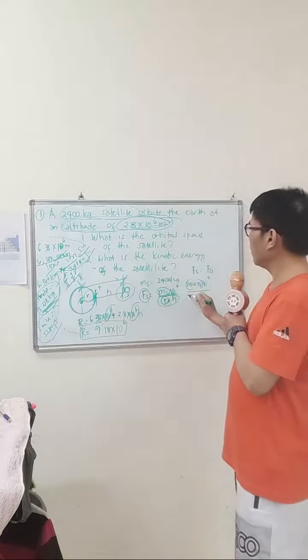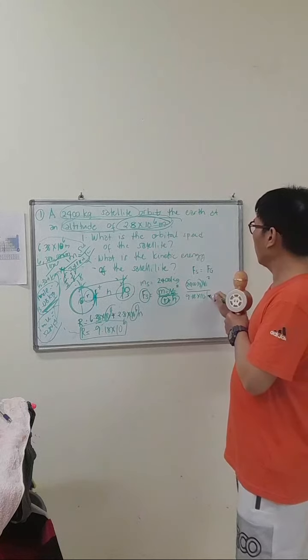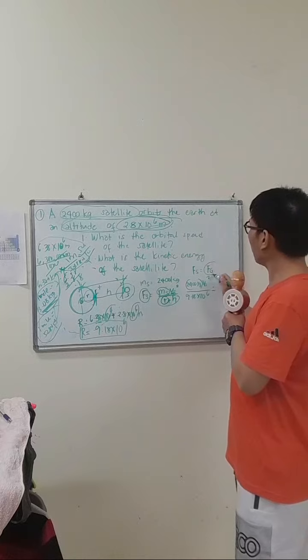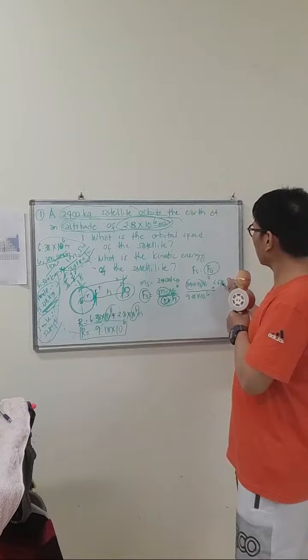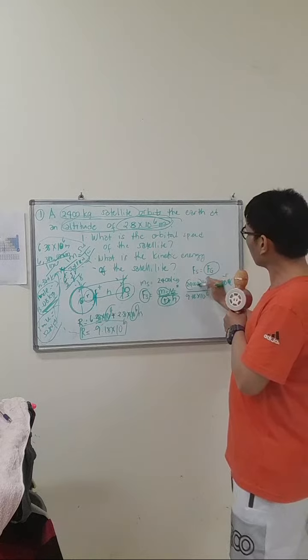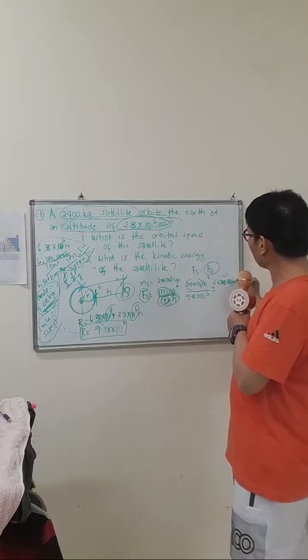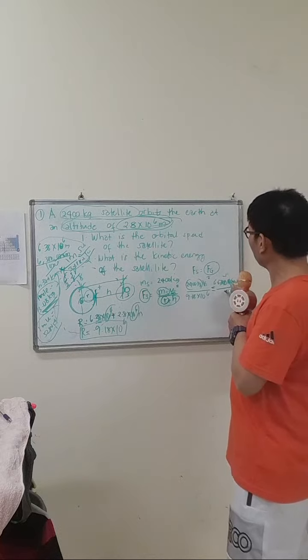So you have now 9.18 times 10 to the 6 equal to the gravitational force, right? G, or 6.67 times 10 to the negative 11, and then capital M or small letter m is up to you, as long as this is the mass of the Earth, times the mass of the satellite, which is 2,400 kilogram, over r squared, distance squared.